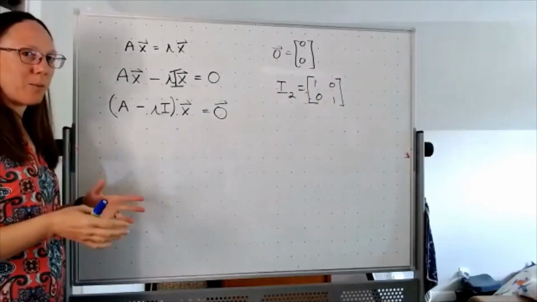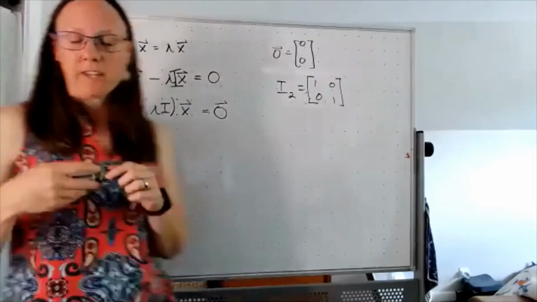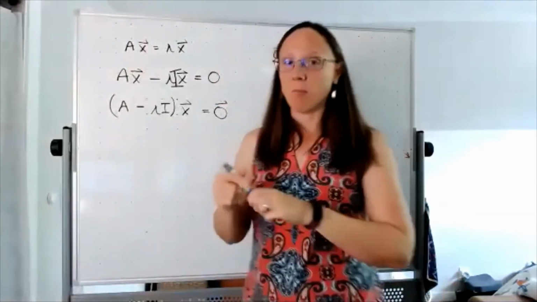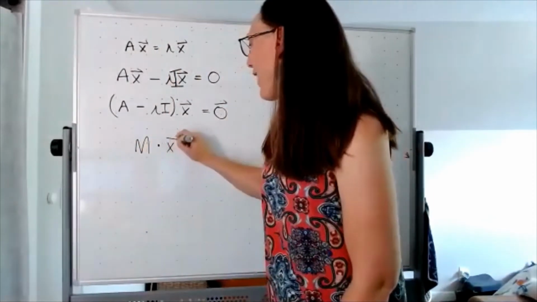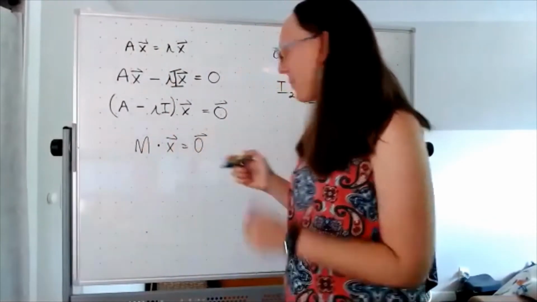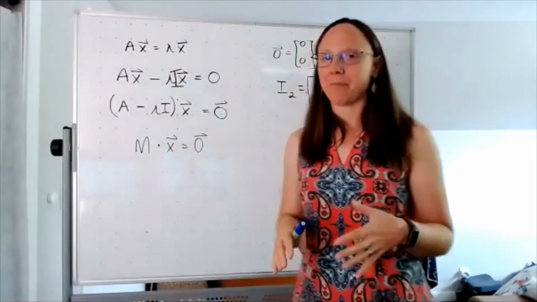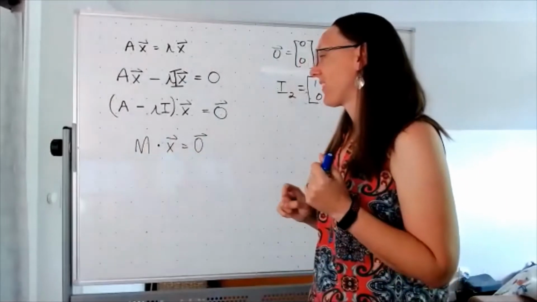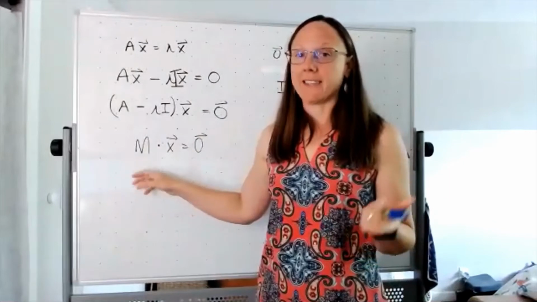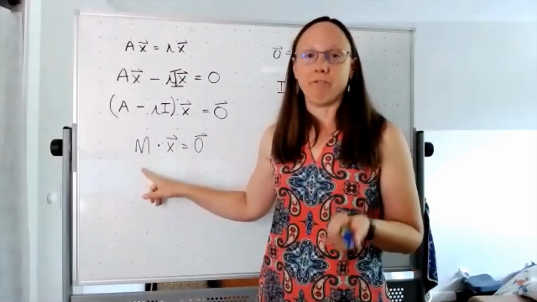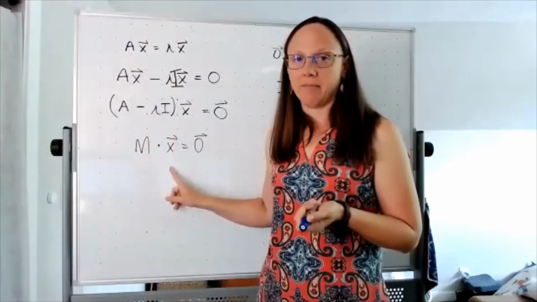Okay, back to this equation. We talked about this a little bit on Monday, but this right here is some sort of matrix. So if I give it a new name, like M, times that vector X is equal to 0. We talked about this right at the end of class on Monday. If M is invertible, meaning it's non-singular, meaning we can find M inverse, then all the critters are dead.